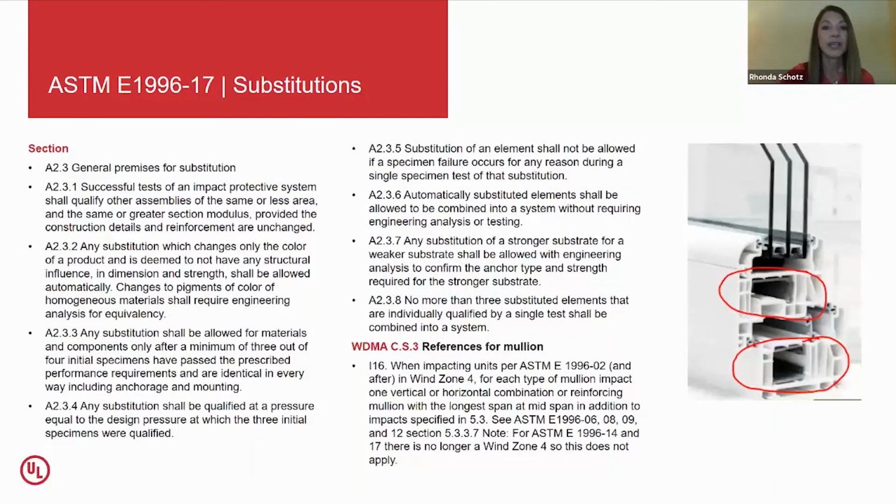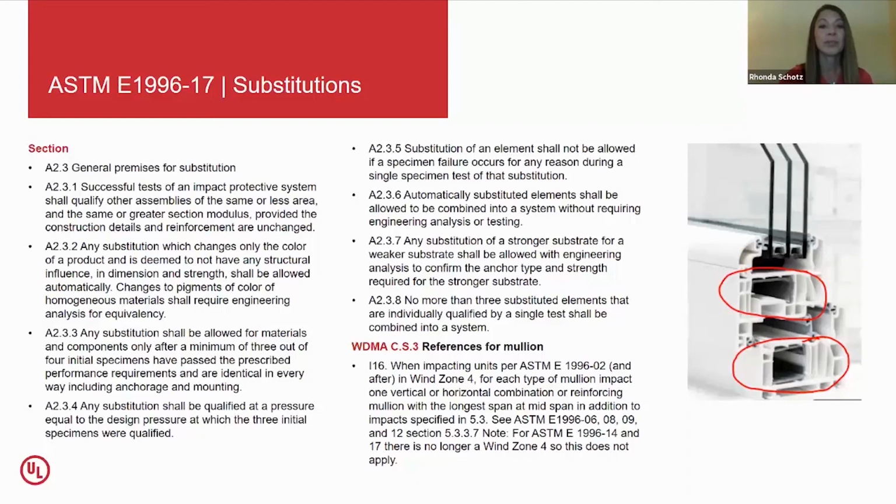These sections of the ASTM E1996 explain which elements of your products can or can't be substituted after the 3 initial test specimens have passed all the requirements. Make special note that section A2.3.3, any substitution shall be allowed for materials and components only after a minimum of 3 out of the 4 initial specimens have passed the prescribed performance requirements and are identical in every way, including anchorage and mounting.